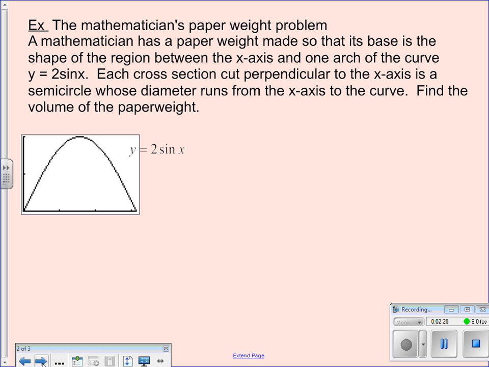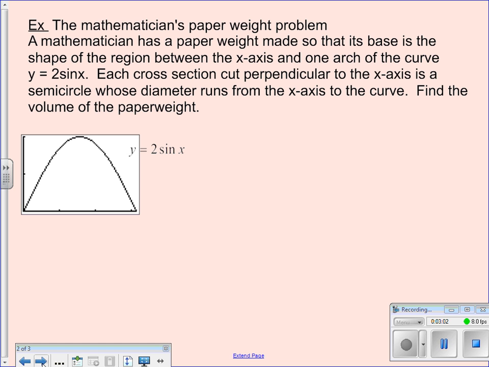So its base, the flat part that sits on the desk or on top of the paper to hold the papers down, that's the term paperweight, is the shape of the region between the x-axis and one arc of the curve y = 2 sin x. Each cross section cut perpendicular to the x-axis is a semicircle whose diameter runs from the x-axis to the curve. Find the volume of the paperweight.